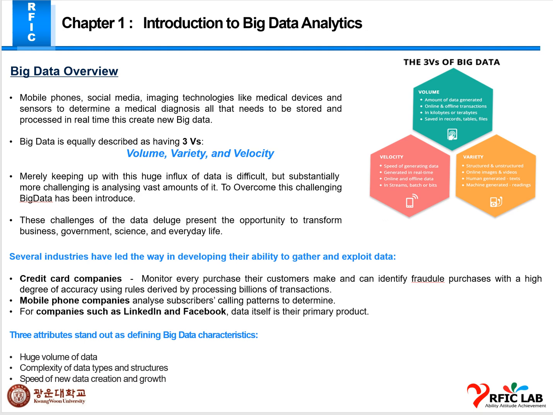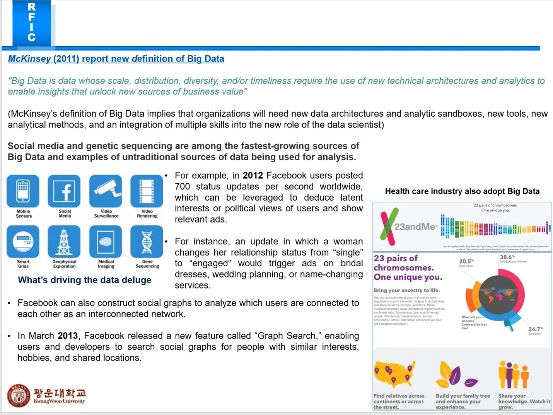Three attributes stand out as big data characteristics: huge volume of data, complexity of data types and structure, and speed of new data creation and growth. This was the overview of the data.